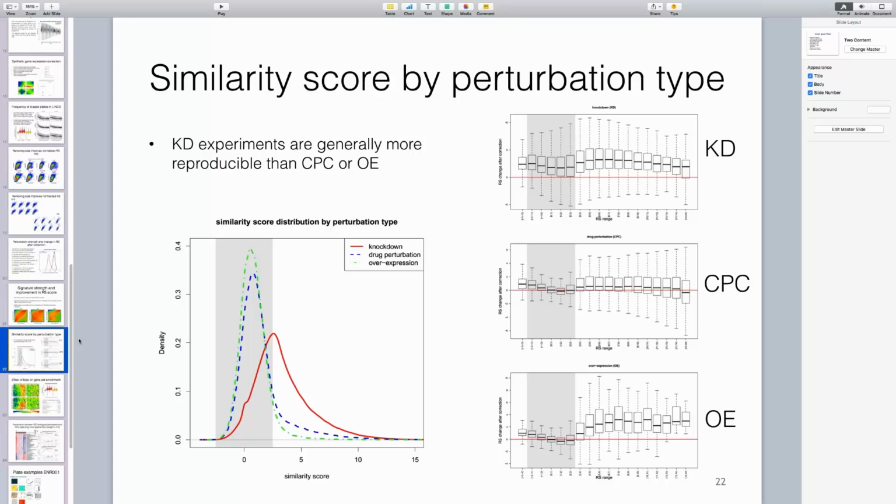Okay, so the question is, is this really that relevant to downstream analysis? If you do enrichment analysis on the signatures that you derive from this z-score transformation, enrichment algorithms like gene set enrichment are actually quite sensitive to these biases.